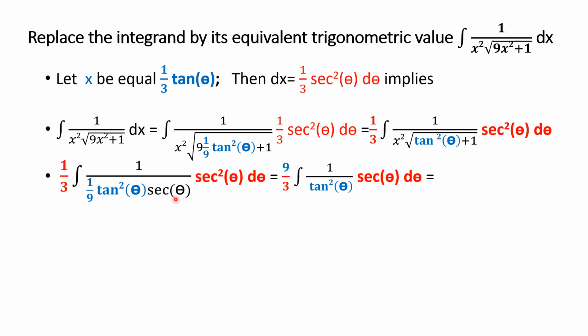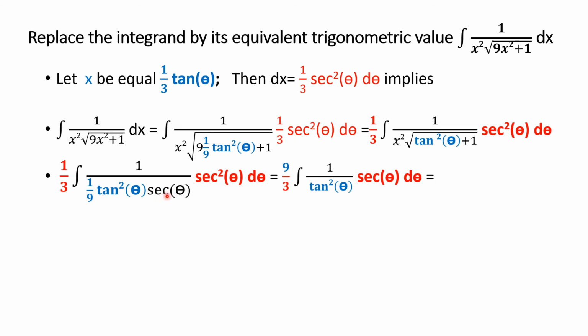Where did we get sec theta from? We know that the square root of tan square theta plus 1 is the same as the square root of sec square theta, since tan square theta plus 1 is equal to sec square theta. And since we have the square root of sec square, we're going to get sec theta only.